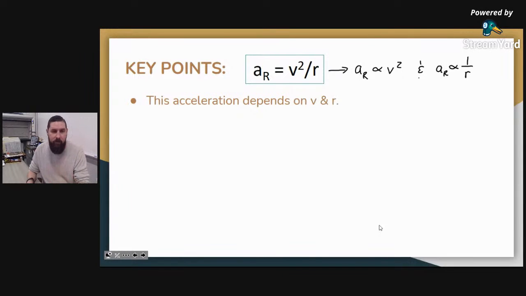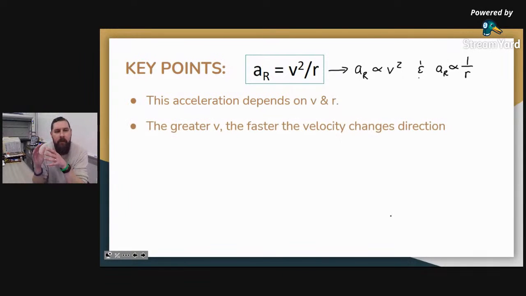So here's what this means. The greater the velocity of that object moving in circular motion, the faster that velocity changes direction. But it's not just a one-to-one relationship. Take a look at that proportion: A sub r is proportional to v squared, which means this.